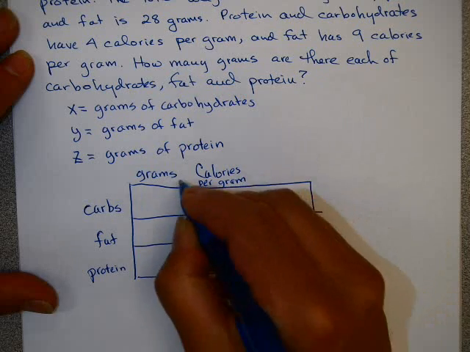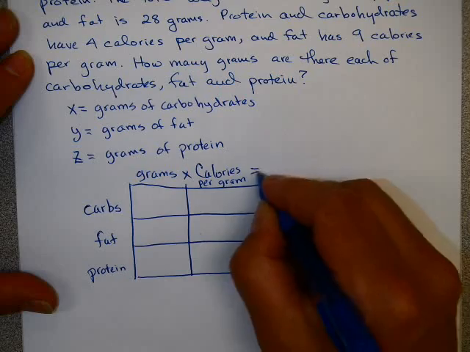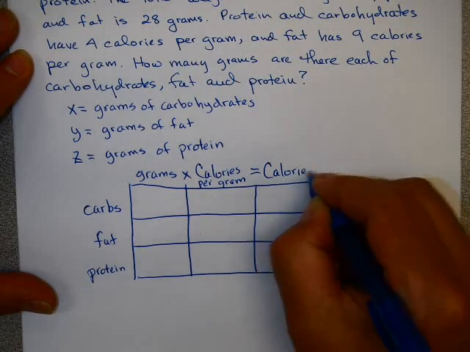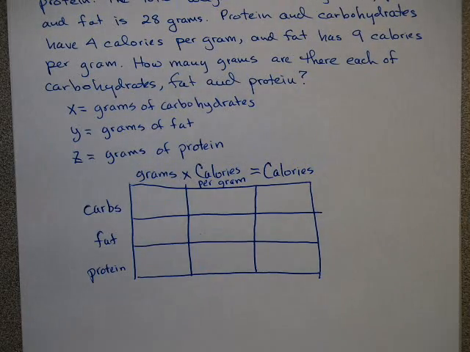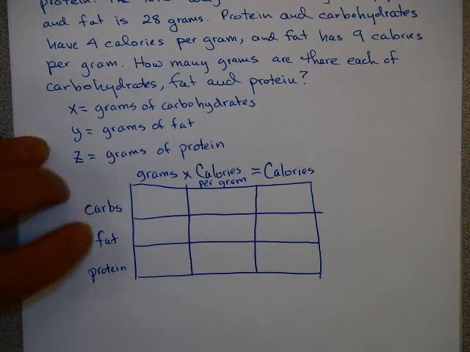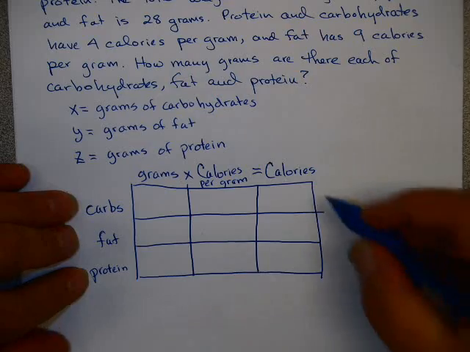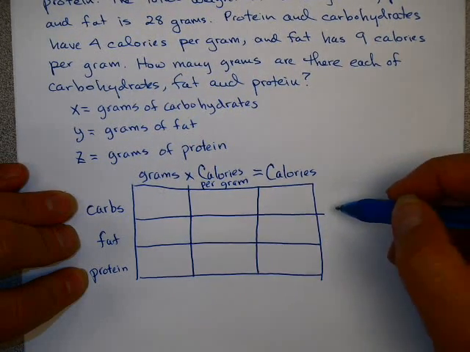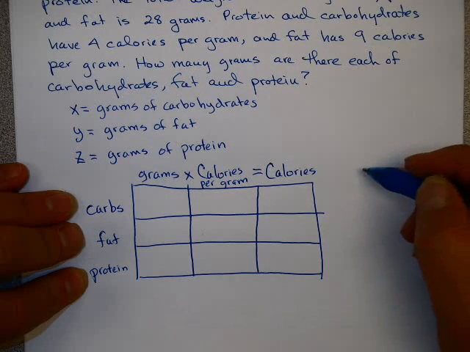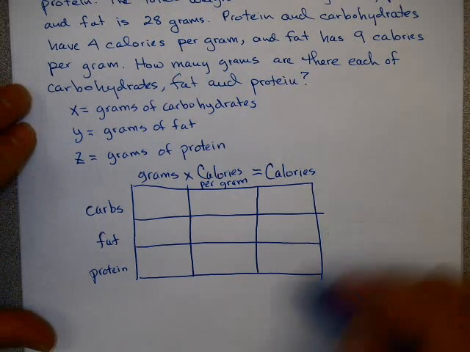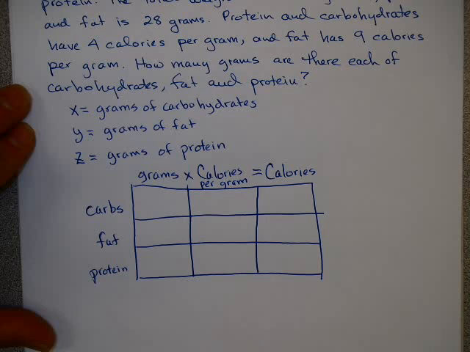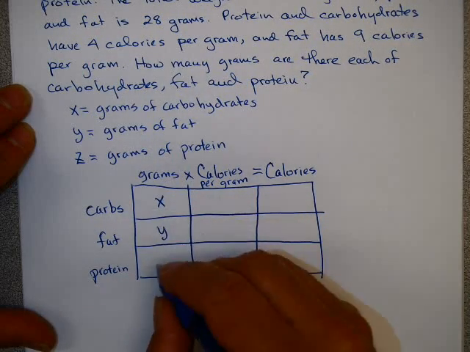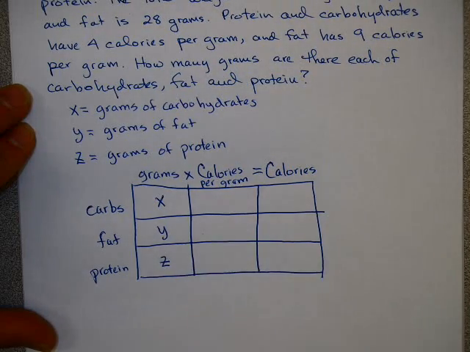And if I take the number of grams times the calories per gram, I'll get the total number of calories I have. Now, pretty obviously, however many grams of carbohydrates, fat, and protein, that will give me a certain number of calories, and these calories have to add up to the total number of calories in my example. Now, so I have x grams of carbohydrates, y grams of fat, z grams of protein.